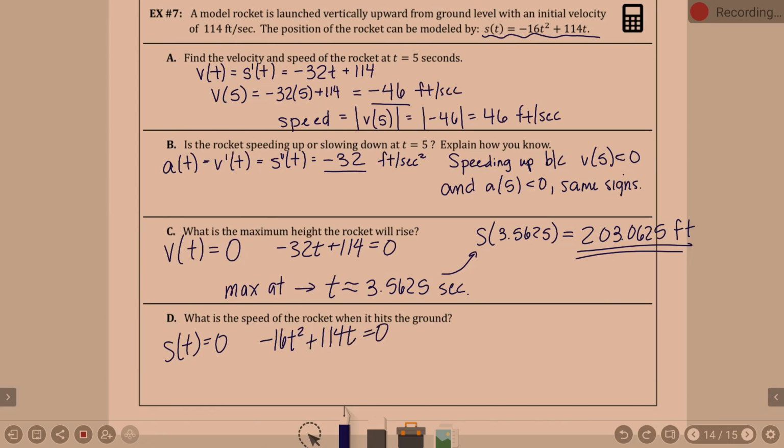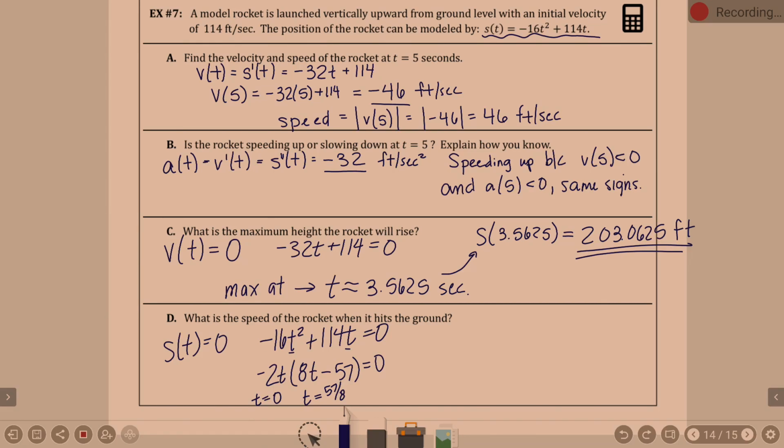In a solving situation like this, you can factor out a t. I factored out negative 2t, and I had 8t minus 57. Set each factor equal to 0. So you get t equals 0 and t equals 57/8.